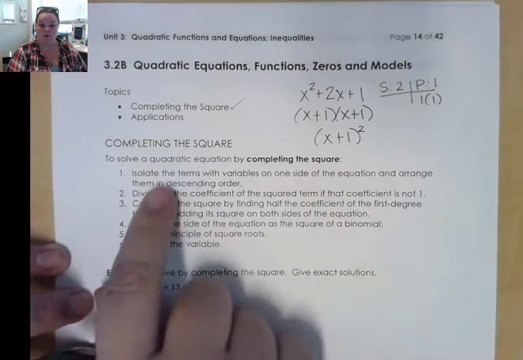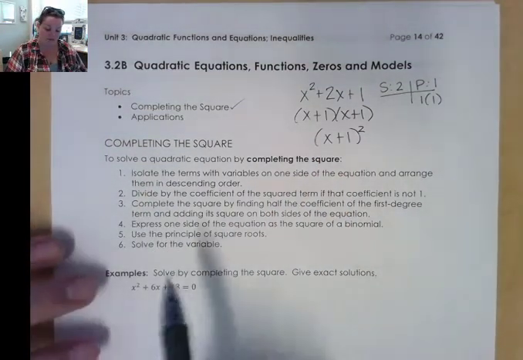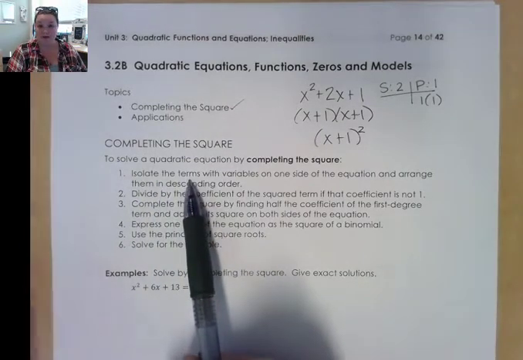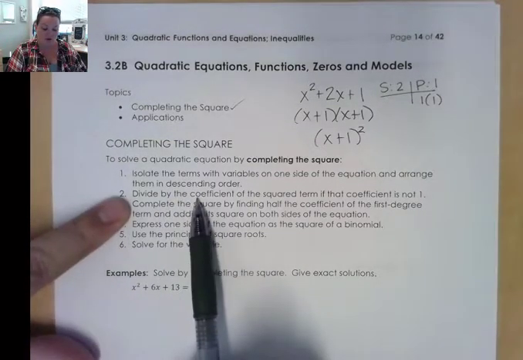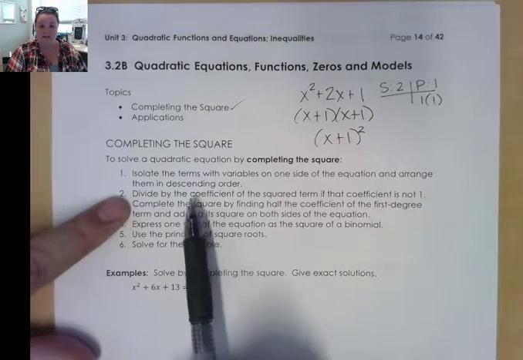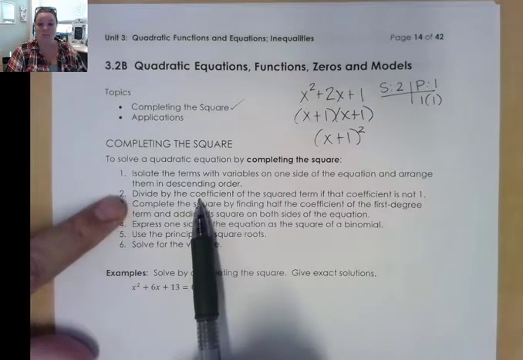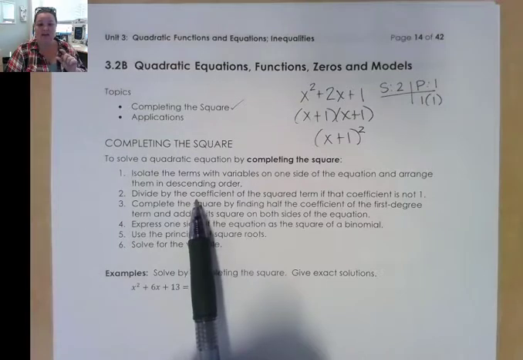Okay, so completing the square, what we're going to do is make sure that the terms that have variables are on one side all by themselves. So like the x squared and the x term, we don't need the constant term, so we move it to the other side. Then we make sure that the leading coefficient is 1. So if there's anything in front of that x squared, we have to divide it off of everything.